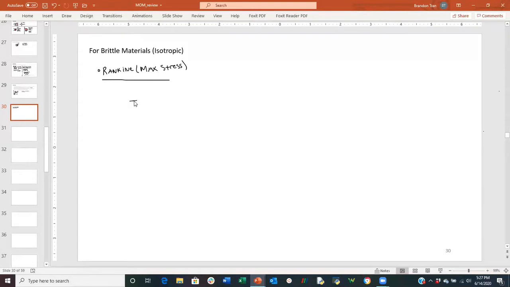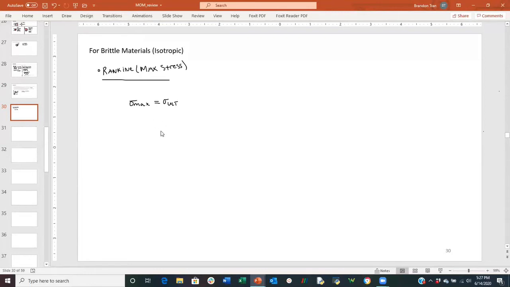This is for normal stresses: whatever normal stress reaches its maximum capacity fails when it equals the ultimate stress of the brittle material. Again, a brittle material typically does not have yield, it just has ultimate or fracture stress.